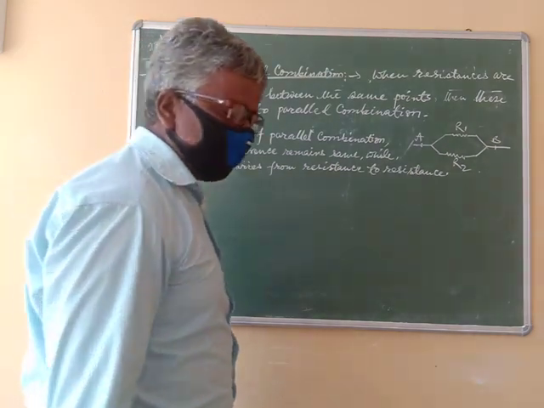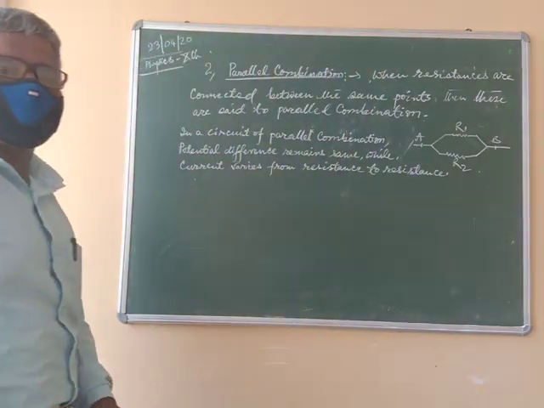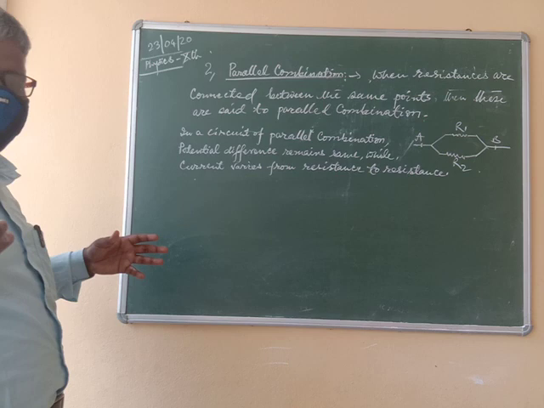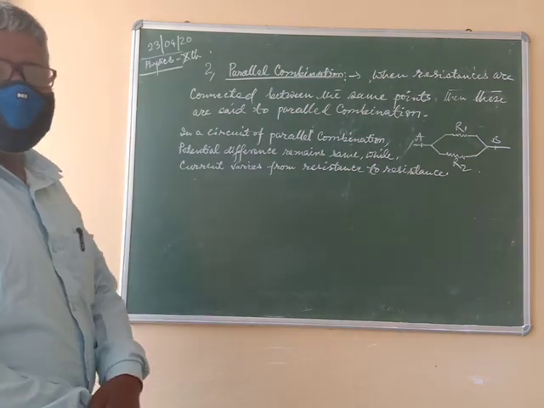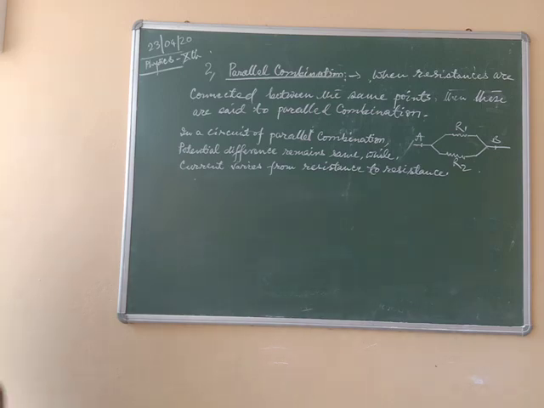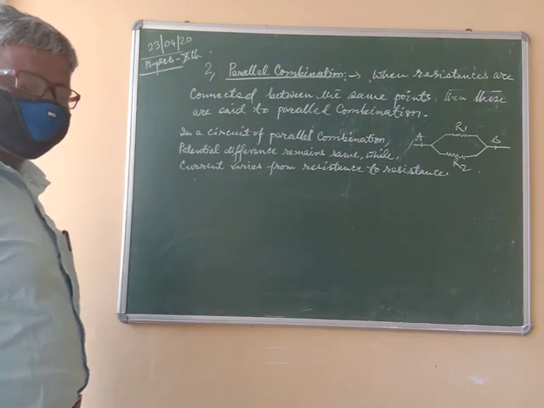We have to find out the resultant resistance of a circuit. Whenever so many resistances are connected in the circuit, what will be the resultant resistance? We have to find out the formula.